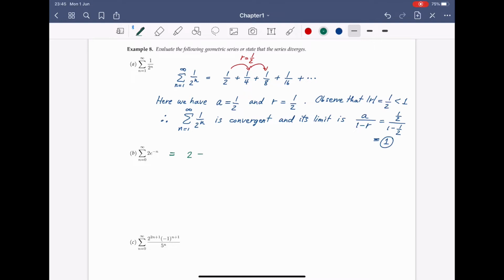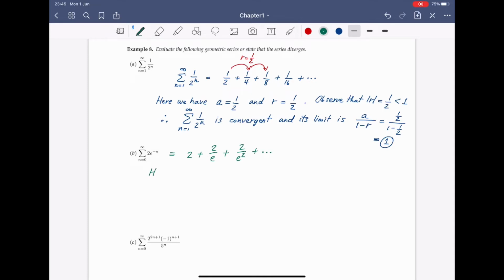The next term, when n equal to 1, you have 2 times e to the negative 1, which is 2 over e. And then the third term, n equal to 2, you have 2 over e squared, plus dot dot dot, right?